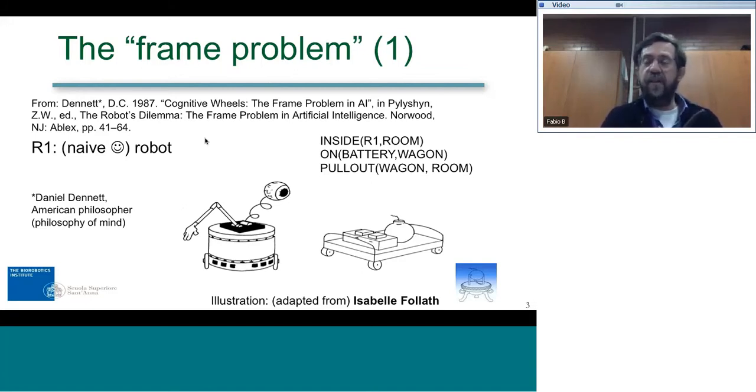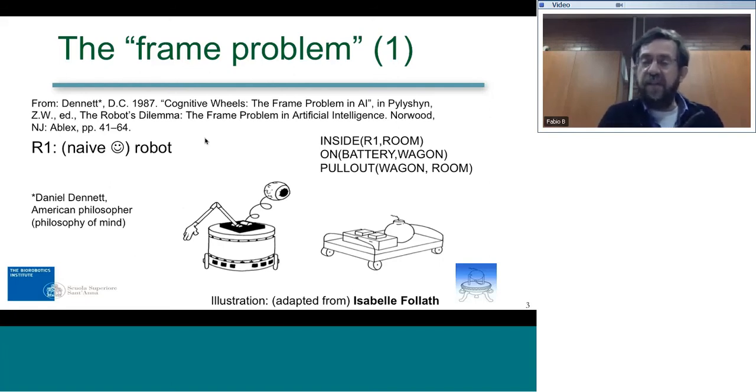The very first program that you might write is something like: go inside the room, check where the battery is.